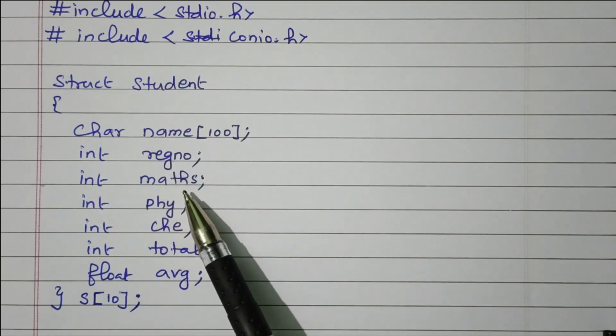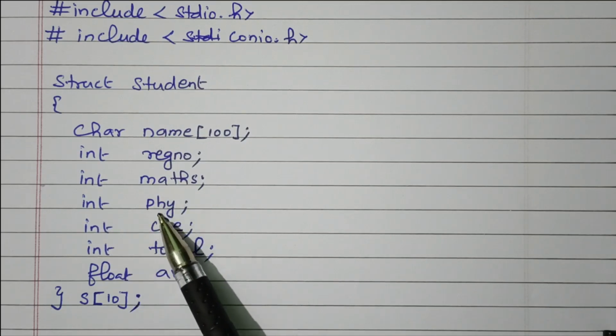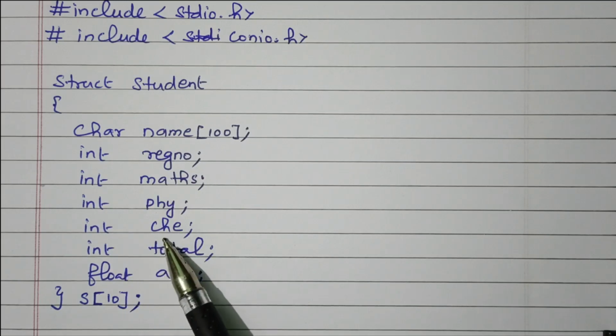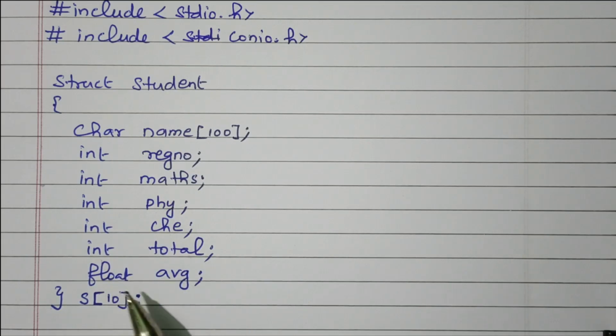Integer maths, that is the mark in mathematics. Integer phy, mark in physics. Integer che, that is chemistry, mark in chemistry. Integer total mark. Float average mark. Close the brace. s[10], this is nothing but the structure variable.